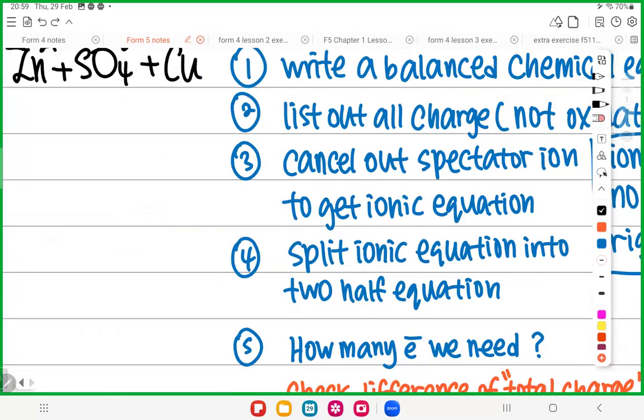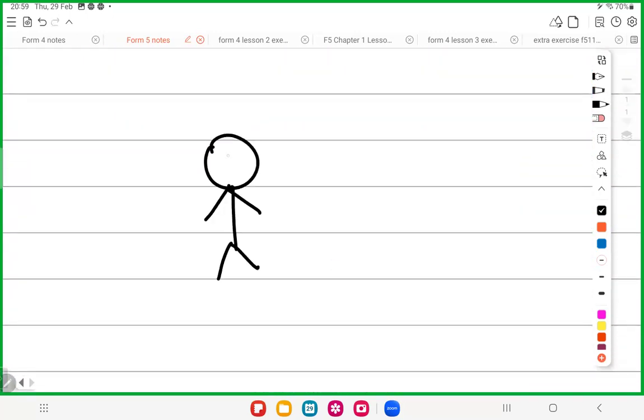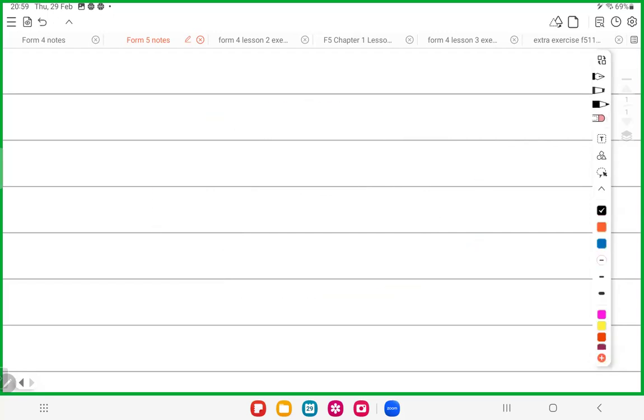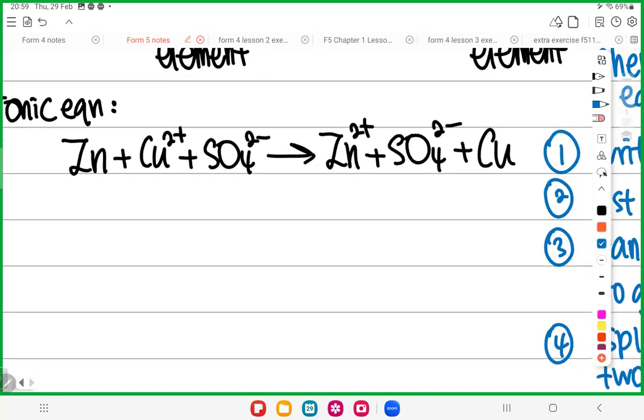Example, this is me. I am A on the left. I become A plus on the right. Am I spectator ion? No, the charge is different. So I am not spectator ion. If let's say this is A plus on the left and A plus on the right, then yes, it is spectator ion. Understand?